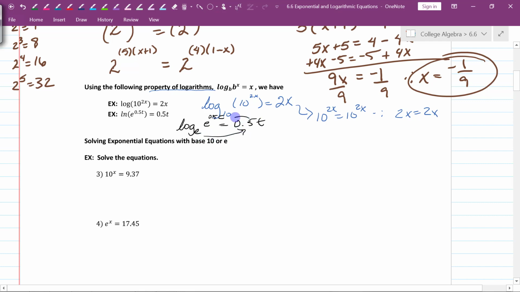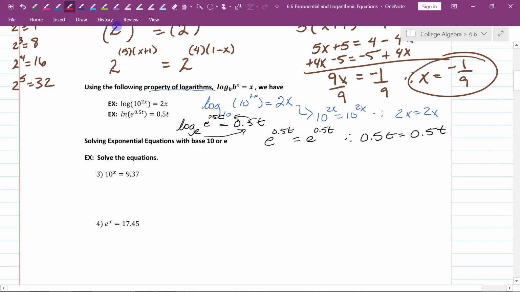Going here to rewrite as an exponent, that's going to be e to the 0.5t is equal to e to the 0.5t. Therefore, 0.5t must equal 0.5t. We're going to use these properties right here for our next few examples to solve.